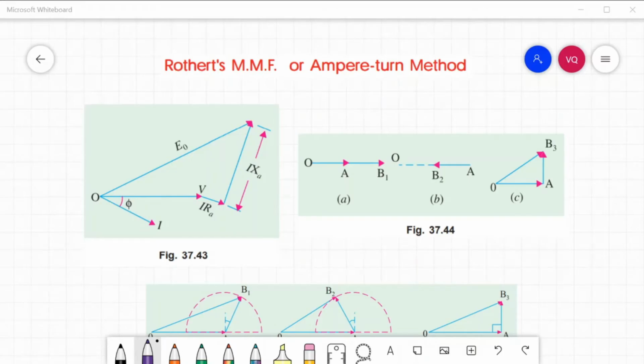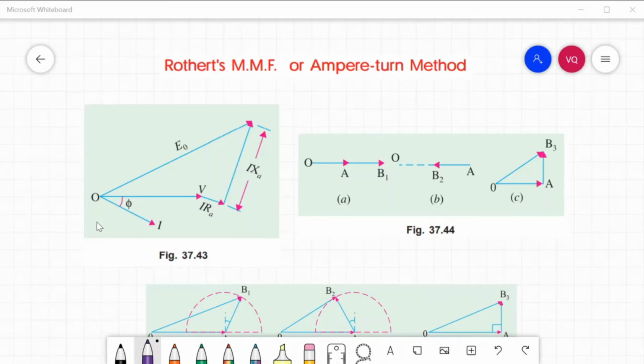Now, the field ampere turn required to produce the terminal voltage V on full load is the vector sum of the following. First, the field ampere turn required to produce V, or if RA is given, V plus the drop in RA, on no load.